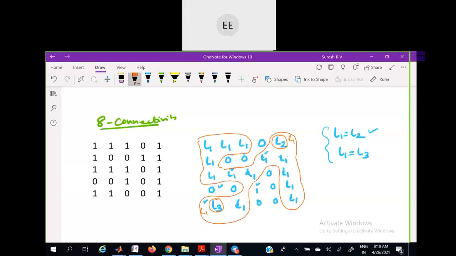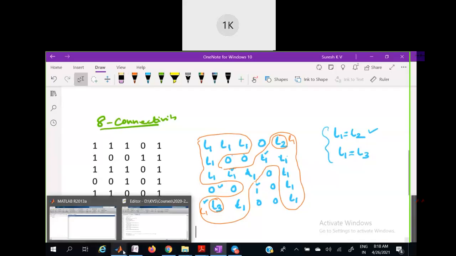Is that correct? Whatever you have inside this contour is L1. The outside, the other one is background. Okay. So how many labels are there in this? One label. Only one label.